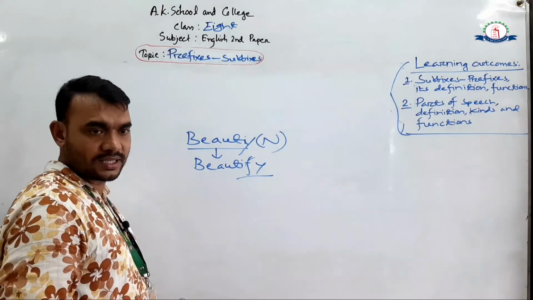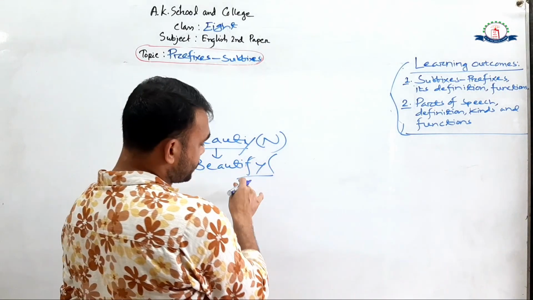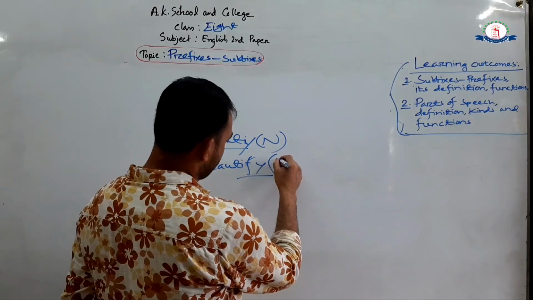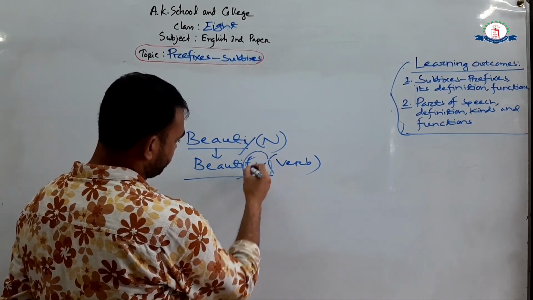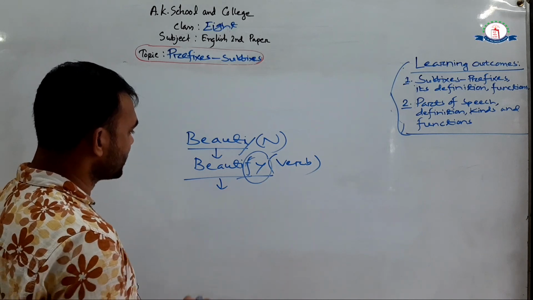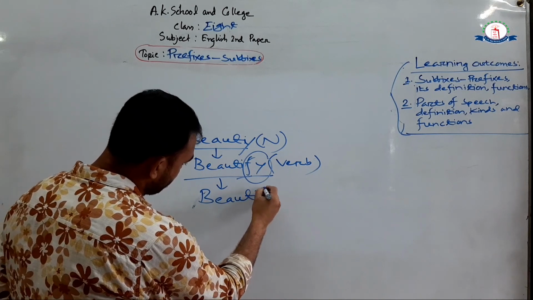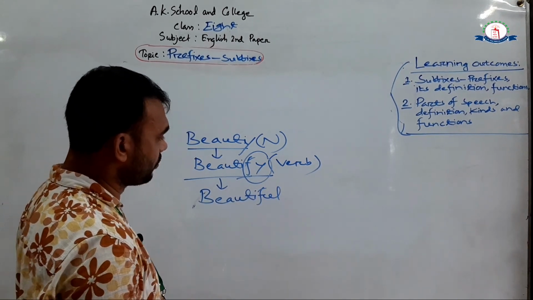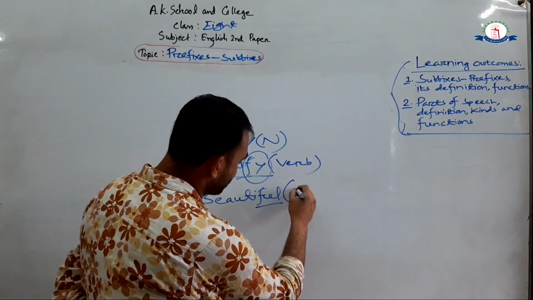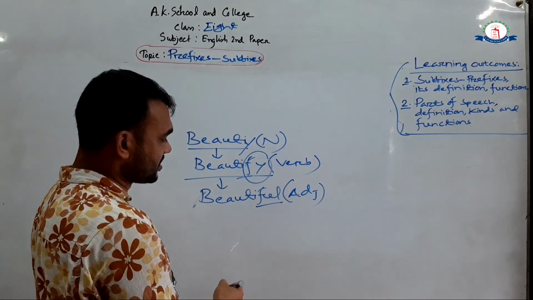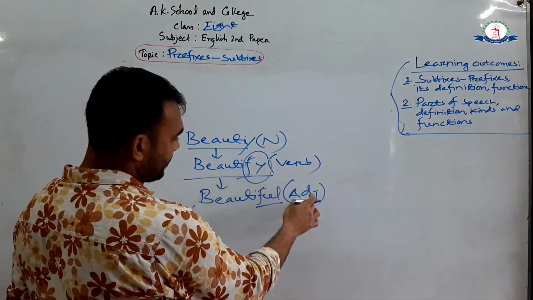So here fy has made it a verb, and it is also an example of suffix. Now I will make it an adjective. So here beautiful. The letters ful have made it an adjective, and at the same time it is also an example of suffix. So noun, verb, adjective.